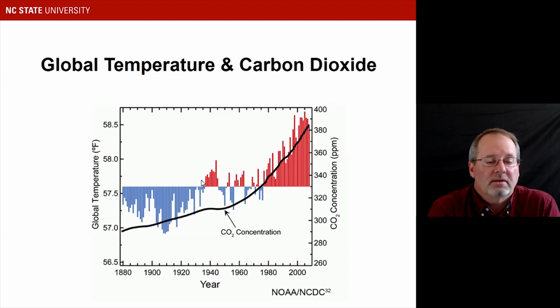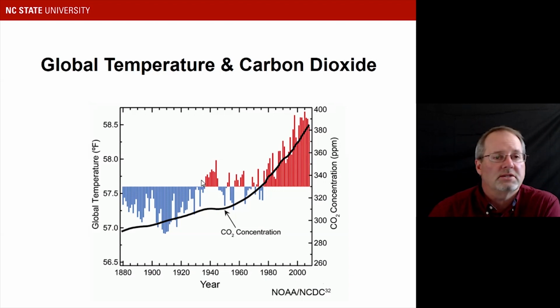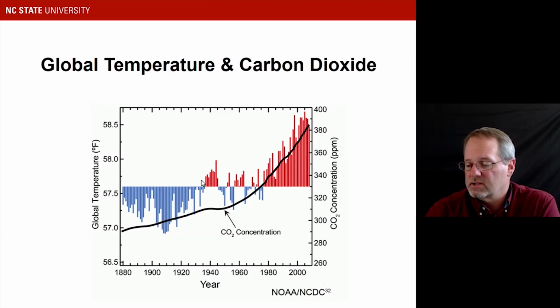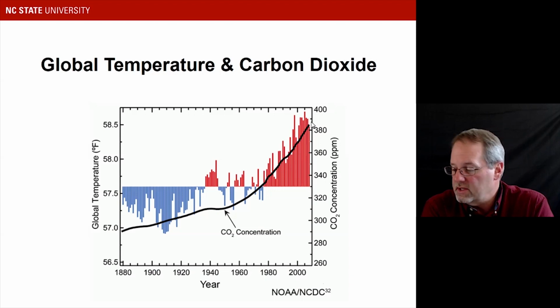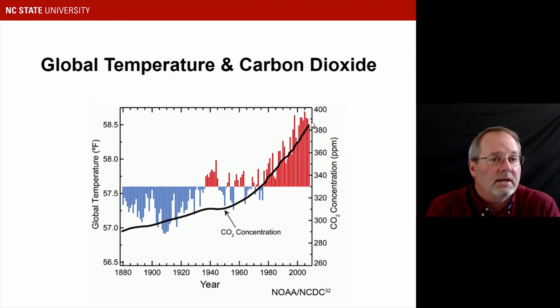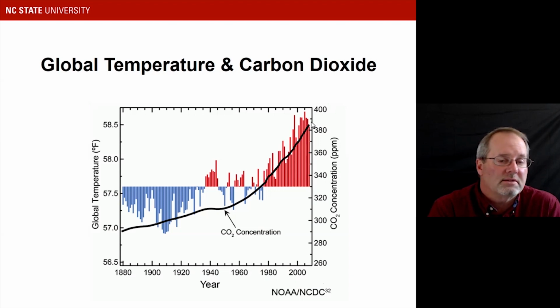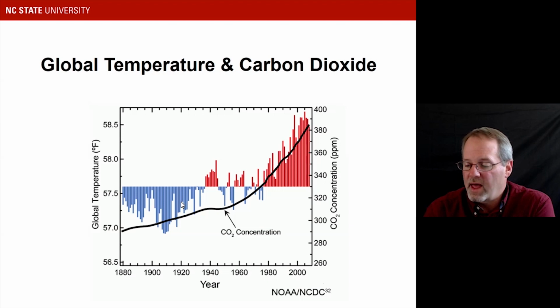As an example of how things are changing and the relationship between carbon dioxide and temperature, this graph is nice. It shows the carbon dioxide concentration in the atmosphere, which has increased from about 290 to 380 over the last 100 or so years. That can be correlated with the actual temperatures.